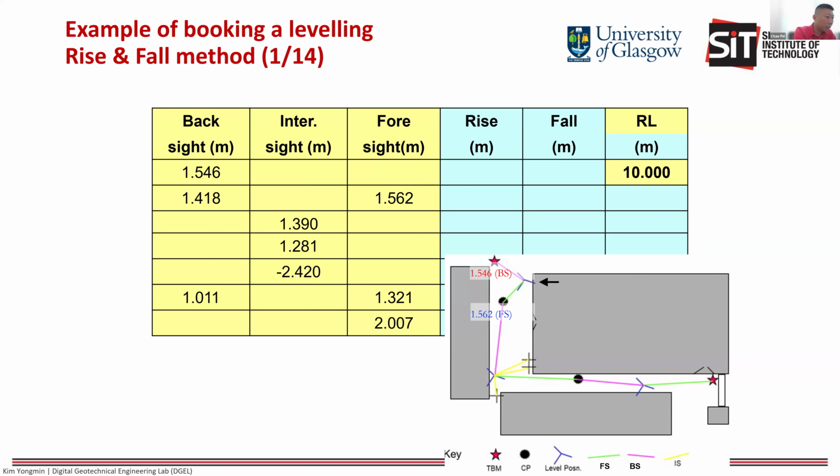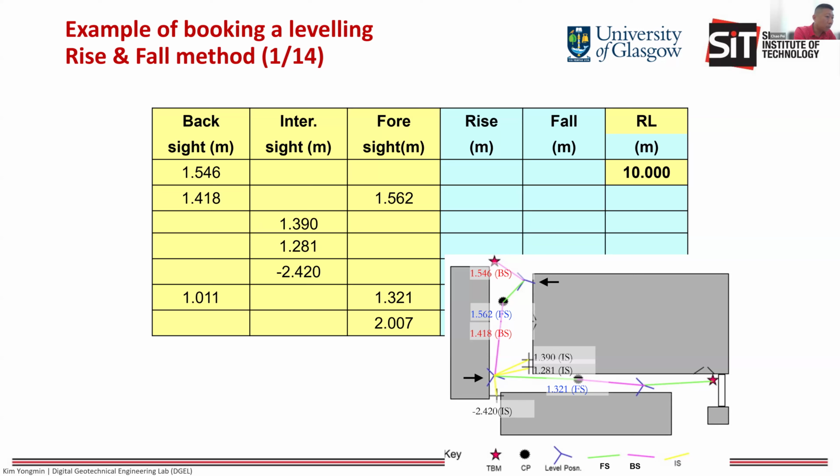Then you shift your instrument to the next level position, at the bottom left corner. Then you read back to the first change point, which is 1.416. That's your backsight, so you put this number in the backsight column. That's your second backsight. Then you read, and here you can see some crosses, plus signs.